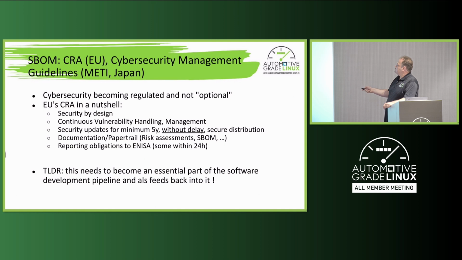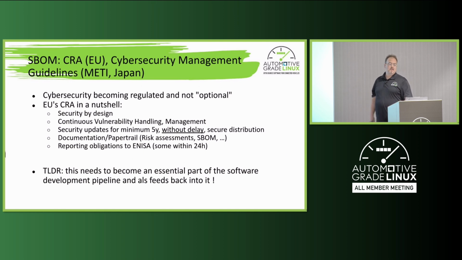And your updates must be distributed securely. Paper trail, so there must be assessments, there must be the SBOM, so that's in the regulation already. And for certain things, you have to report sometimes within 24 hours to an authority. Now, that's the CRA part.